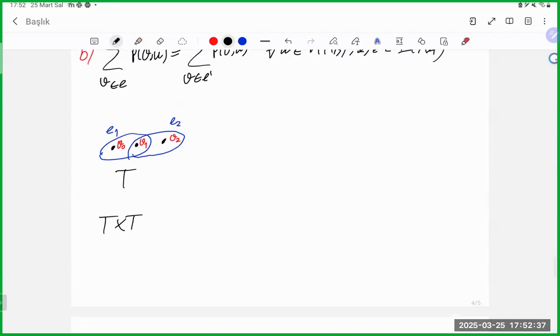If we take the Cartesian product of the vertices, we will get 9 vertices. If I want to label them, let's label 00, 01, 02, 10, 11, 12.